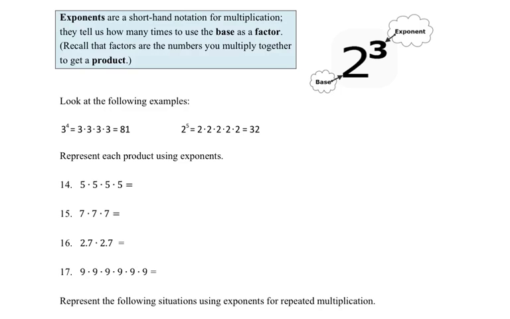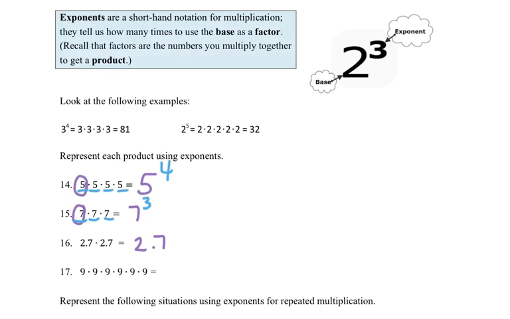All right, so on number 14, the number we're multiplying is a 5. And the number of times we're multiplying it is 4 times. So that would be 5 to the 4th power. On number 15, what we're multiplying is a 7, and the number of times we're multiplying it is 3 times. Again, it doesn't matter if it's a decimal or a fraction or a plain old integer, it's going to work the same way.